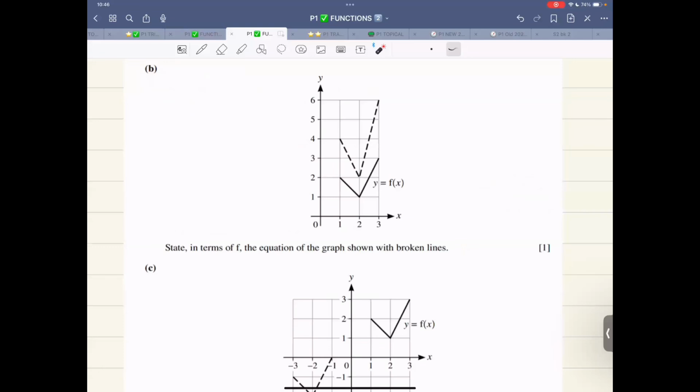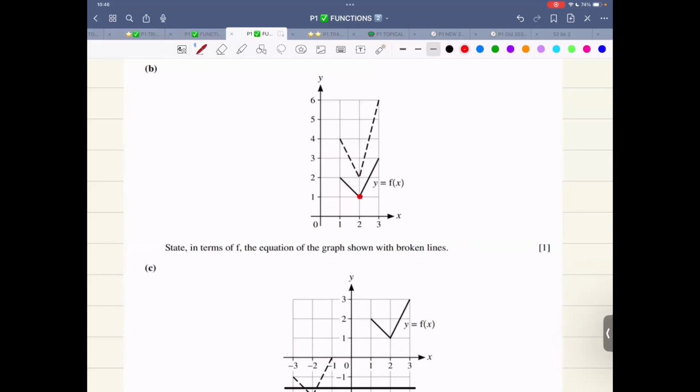Now over here, state in terms of f the equation of the graph shown with broken lines. Now, let's say the horizontal difference was 2. The horizontal difference like this is still 2. Let me select a few points and that will give me a good idea.